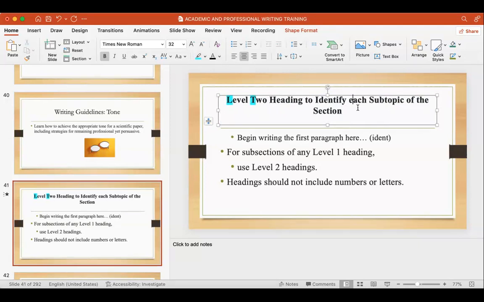Level 2, because this is a keyword too. We're talking about level, so level 1, level 2. So this is how it will look like. So make sure that this is how you do your headers. Gadoni, are we together? Yes, we are. Okay, good.